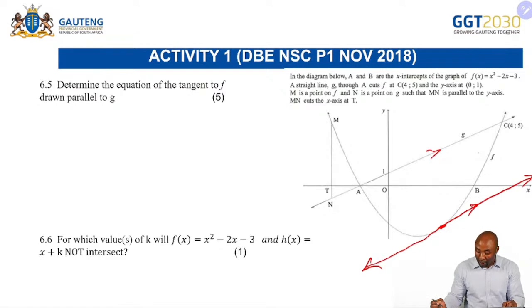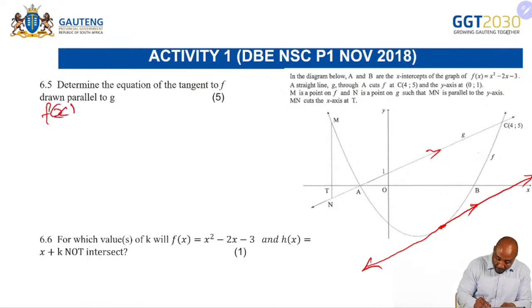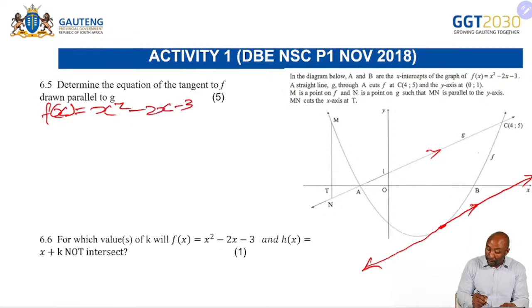But how do we now connect the two? Because they're not intersecting, in this case we cannot equate f of x to g of x, because they are parallel to each other. So we know that our f of x is given by x squared minus 2x minus 3. We integrate the topics.